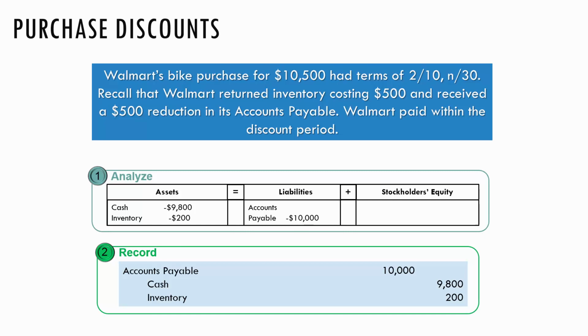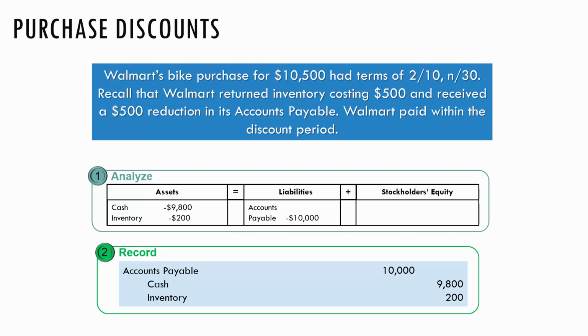Now, when we do this then, as I said, it's really cool about accounting because everything is made right. In this case, our balance in accounts payable was $10,000. When we pay the $9,800, we get rid of the $10,000 that we owed. We no longer owe this vendor anything, and our inventory for this merchandise has been reduced.